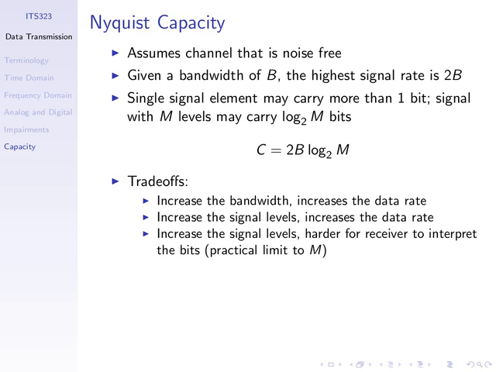In that first example with the square wave, increasing the bandwidth increased the data rate. If the bandwidth was 2 megahertz and we increased that to 4 megahertz and kept everything else the same, the data rate went from, I think, 2 megabits per second up to 4 megabits per second.